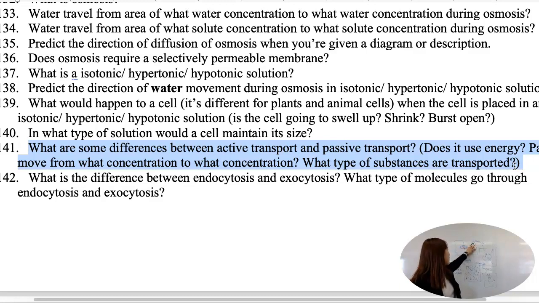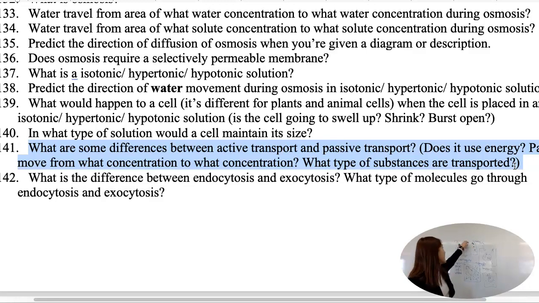But if we have side A and side B is already more concentrated, but we want side B to be even more concentrated with this molecule, then we're going to move molecules from an area of low concentration to high concentration.